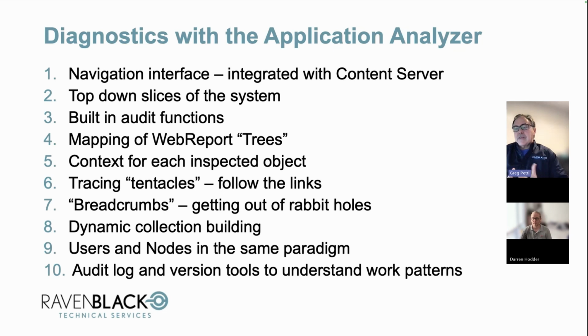Content server is just a maze of links, and we make all of the links for a given object visible to help with that context. And because following all these trails can be quite difficult, we've a system of breadcrumbs, so you can find your way back out of these rabbit holes or back down the rabbit holes as you need, as well as the ability, as you're on that journey, to park things that are important that you want to come back to later.